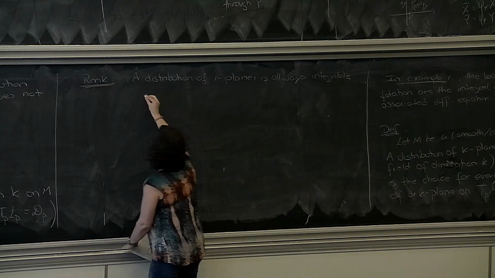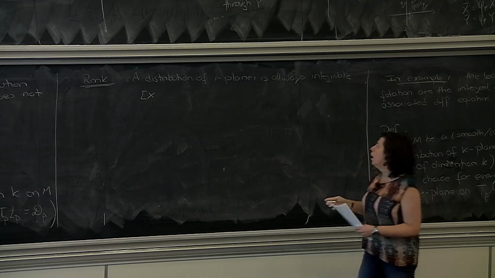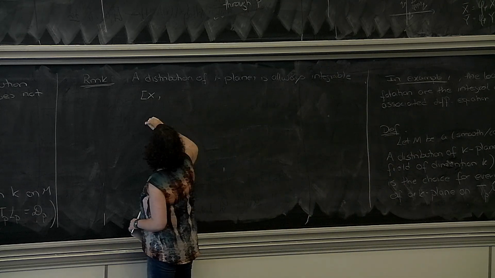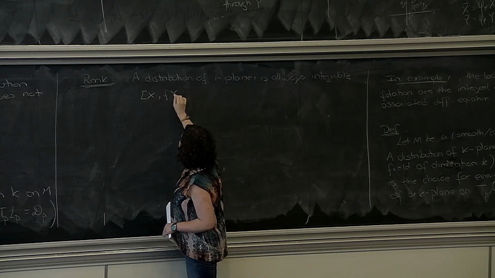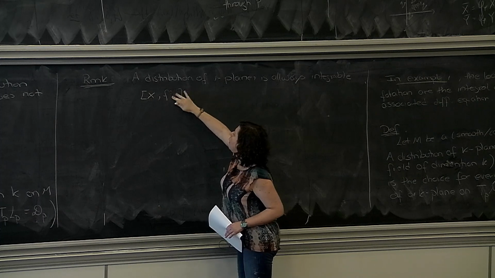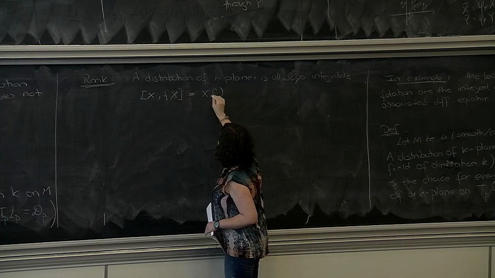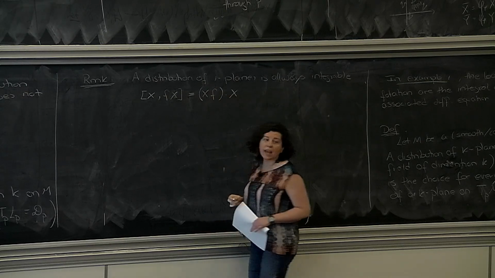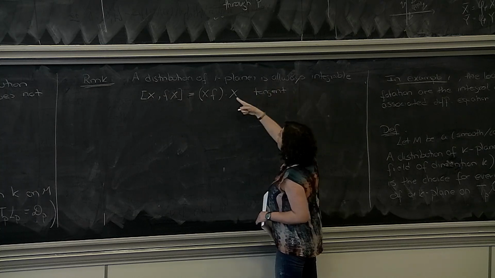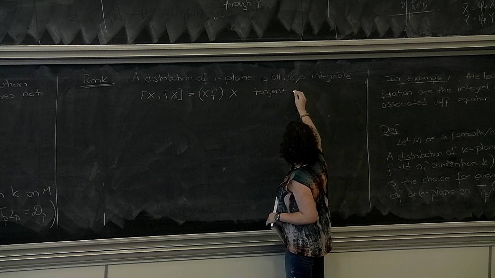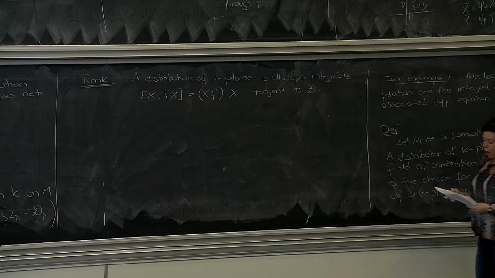And in fact, if you consider the Lie bracket of two vector fields tangent to the distribution, I take one vector field X, the other vector field is a multiple of X, FX. Okay, and so this is simply X applied to F times X, so it is tangent to the distribution because it is a multiple of the vector field X.